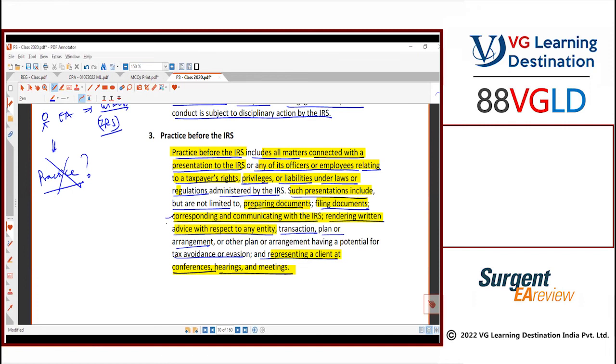In a way, you're saying that corresponding and communicating with the IRS will fall here. You're saying it because corresponding and communicating could fall into furnishing information. Is that correct, Nidhi?